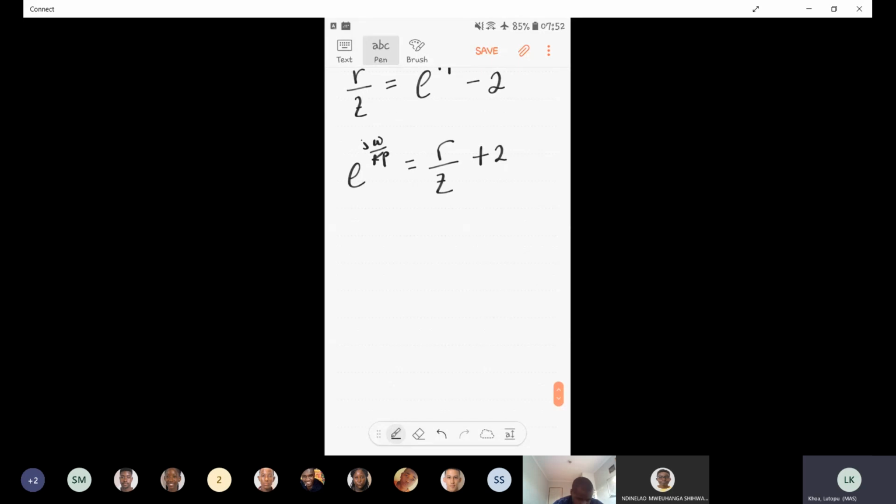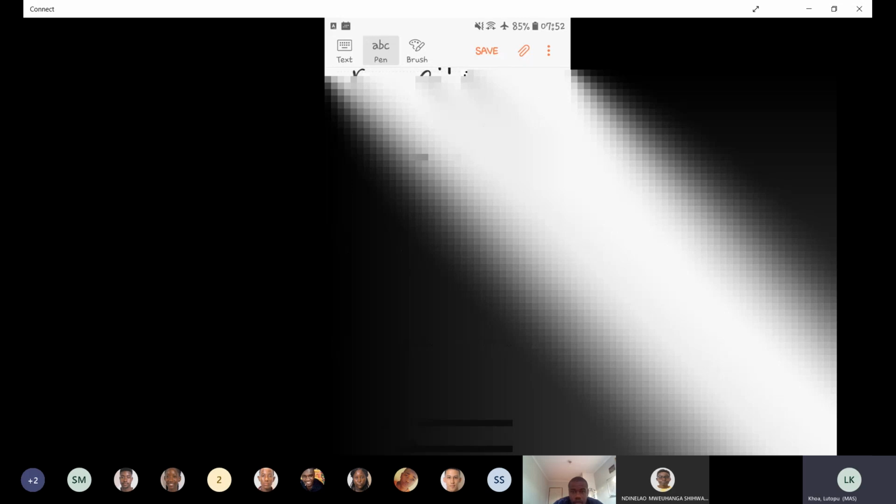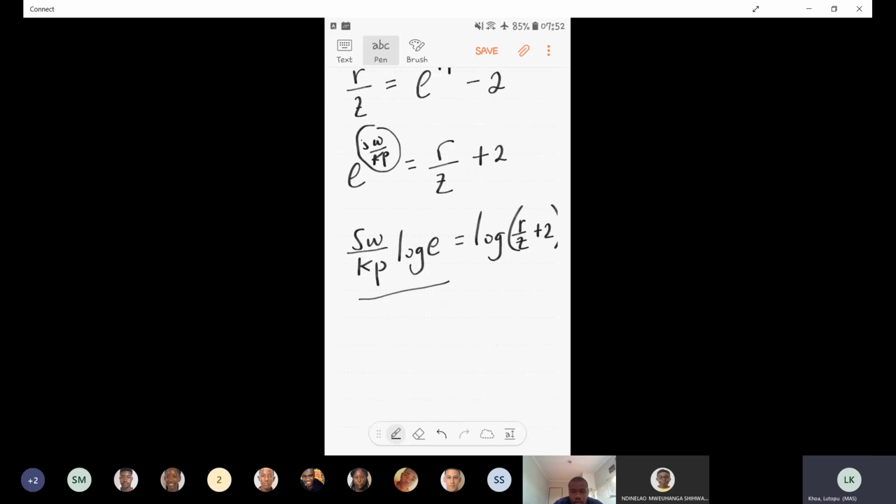So I'm going to do 2 steps in one. So you have SW over KP is equal to log E, and this is also equal to log R over Z plus 2. So what I did over here is I took log of E, and then the exponent came down after I took the logarithm.